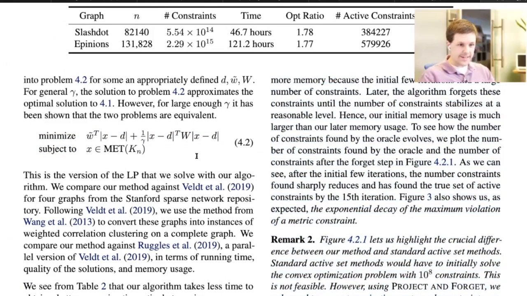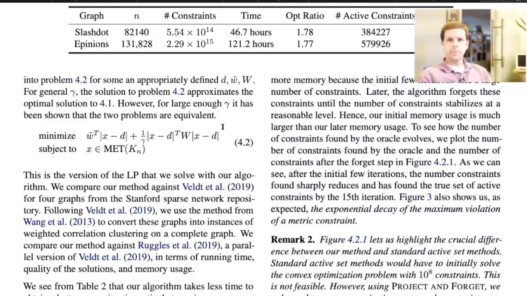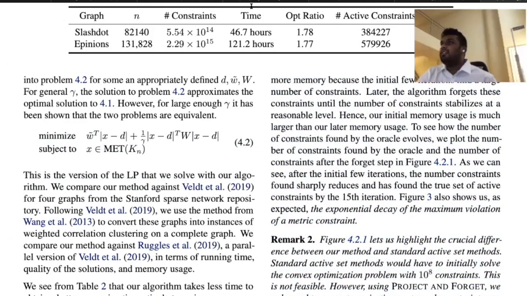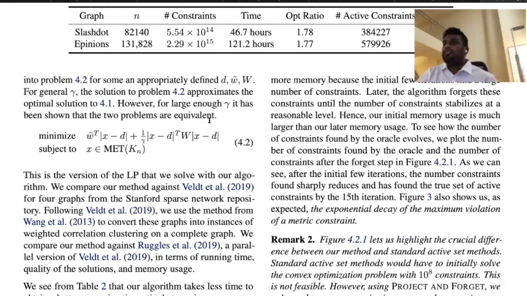Right, so here D is your metric, and then W is this positive definite matrix. You compute it to normalize this quadratic term. And W, if I'm not mistaken, was that the diagonal term? So it's a diagonal matrix W? I guess in this formulation, yeah, it's a diagonal matrix.